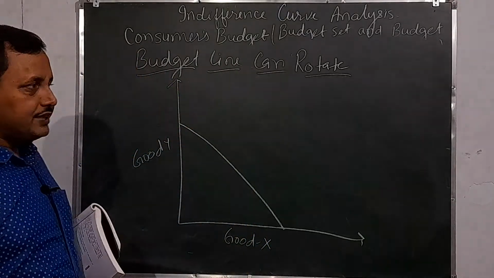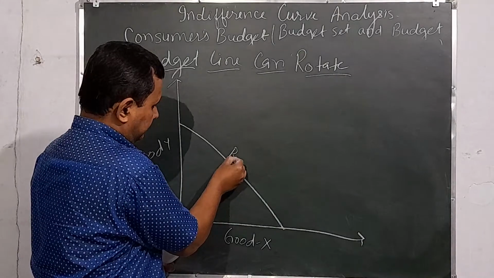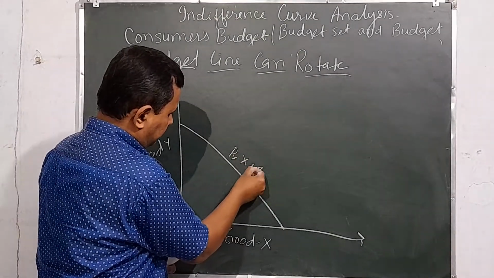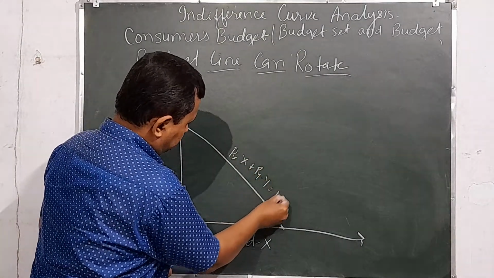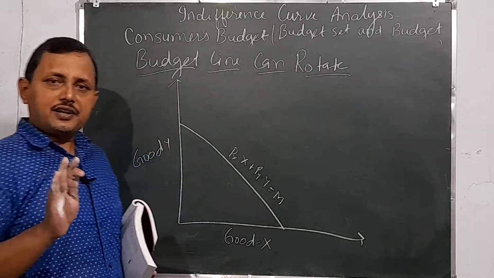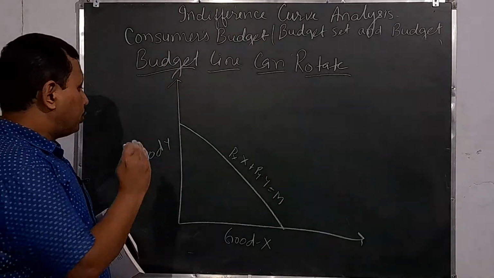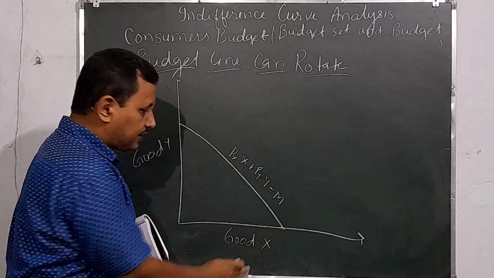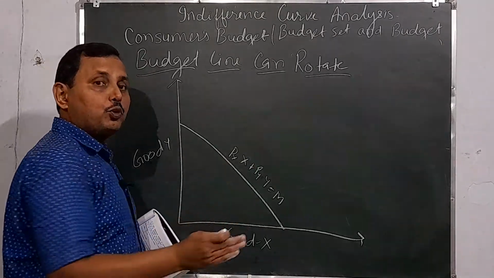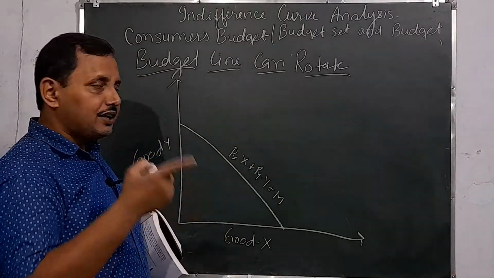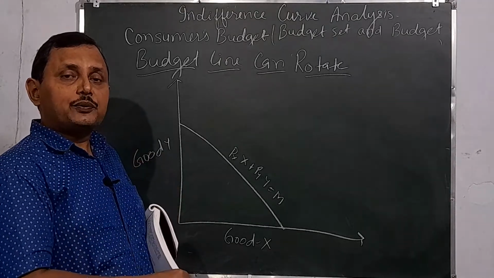Okay, second case is, the budget remains constant, whereas both the price of good X as well as the price of good Y, Px and Py, are decreased. When both are decreased, what will happen?